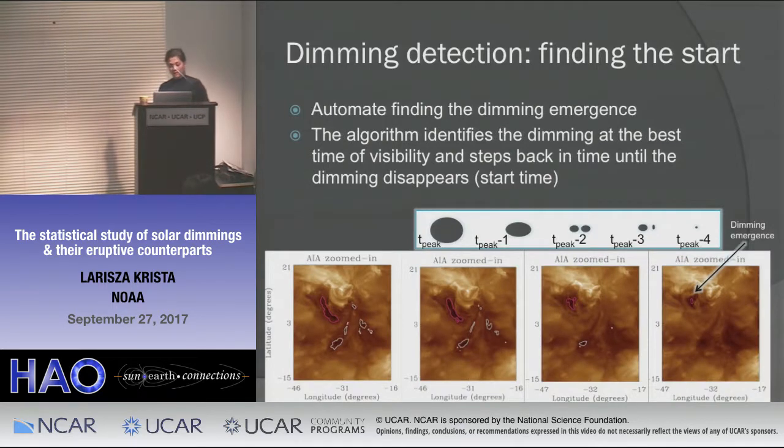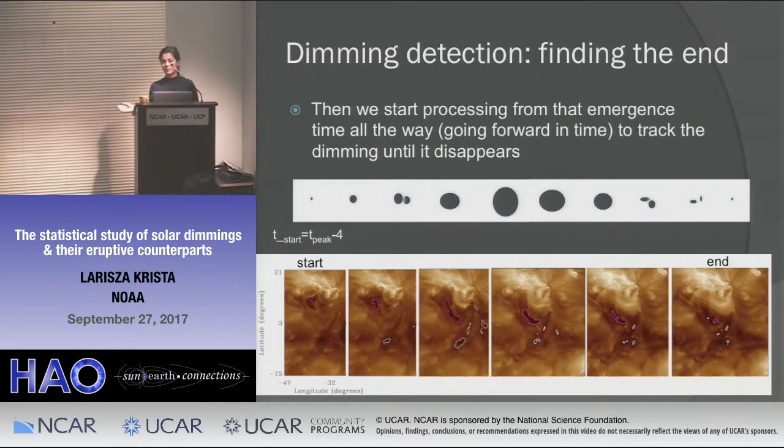And then once the region is identified, let's say here's a dimming that we want to track in time, this pink little one. What the code does is it tracks it back in time to find where it came from, what the seed was. Once we find the location and the start time, then the code runs again from that point on and tracks that region until it disappears.